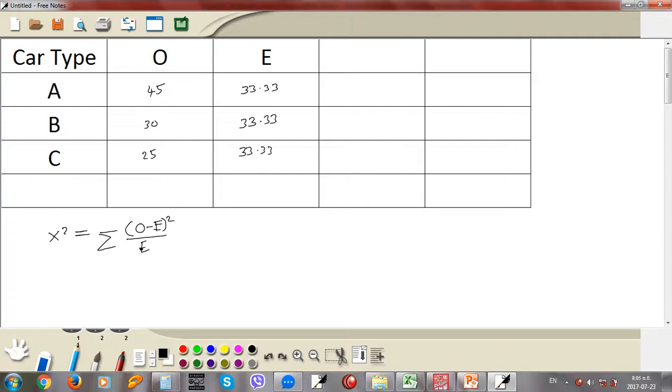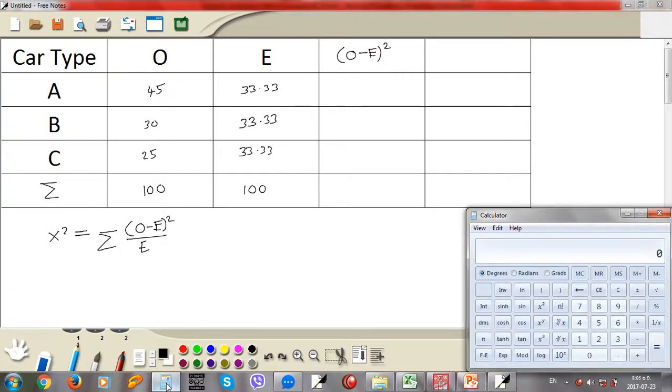If we take the total of the observed, it comes to 100. The total of the expected is also 100. First we need to find the observed value minus the expected value, then we square this.